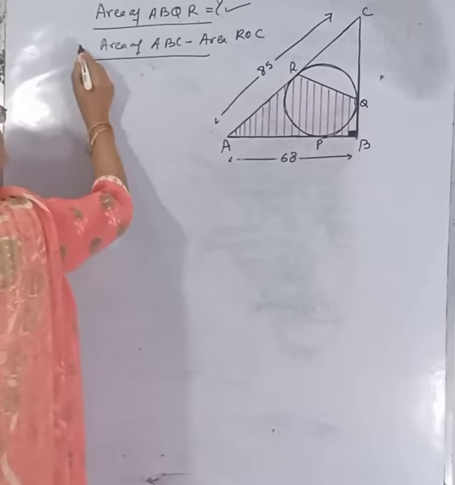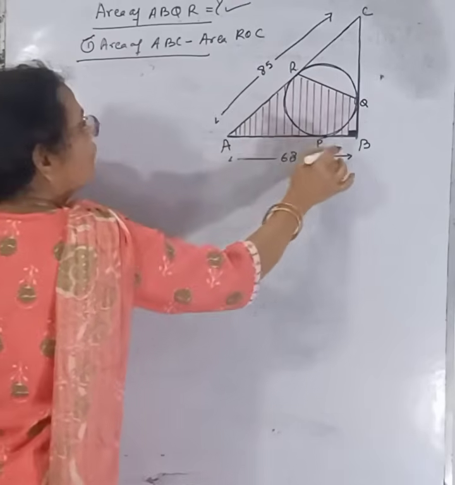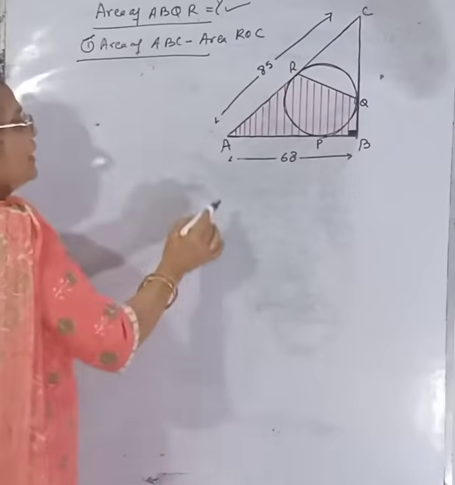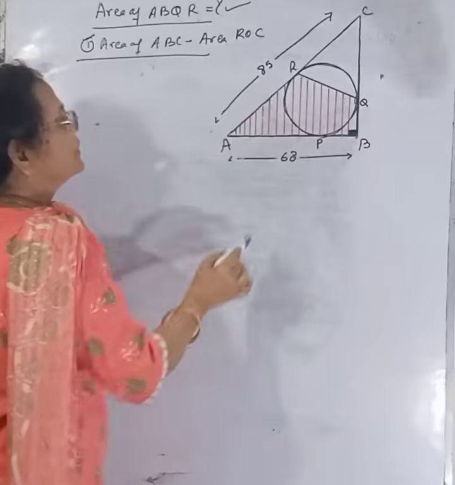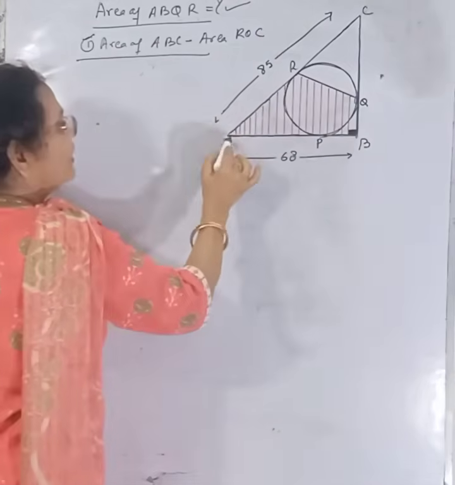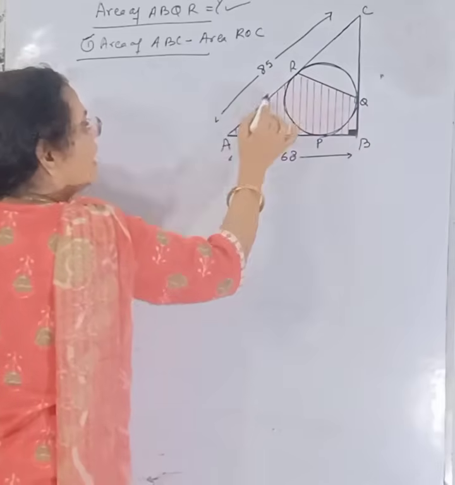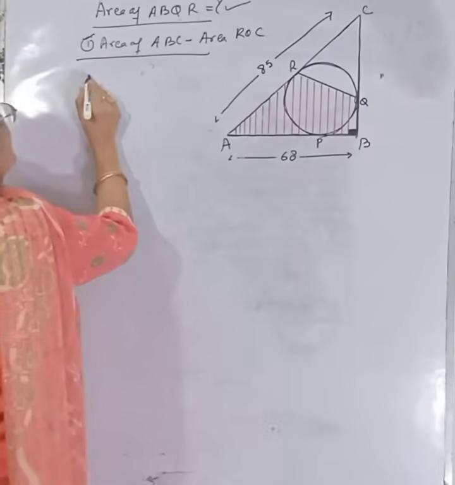This is the first problem, to find the area of this triangle ABC and then to find the area of this RQC. Subtracting them, we can find the value of this portion's area, RAQB. Now, area of the triangle.